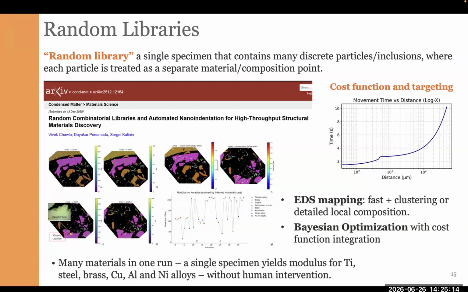And the second one is just the straightforward approach, when you run your EDS mapping with some defined precision to estimate composition and use it as kind of ground truth.